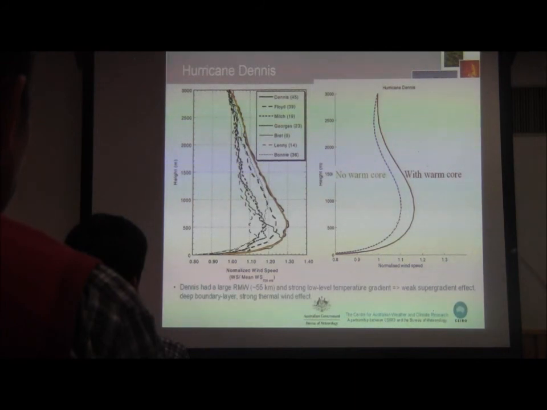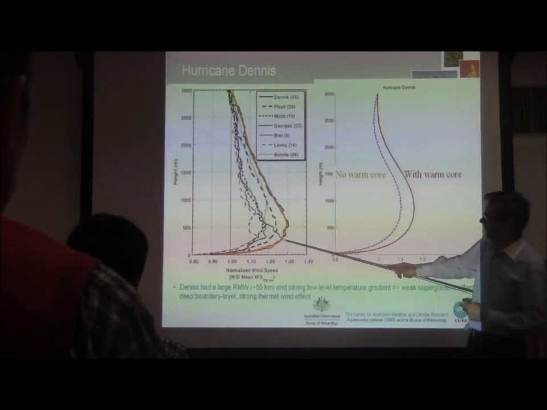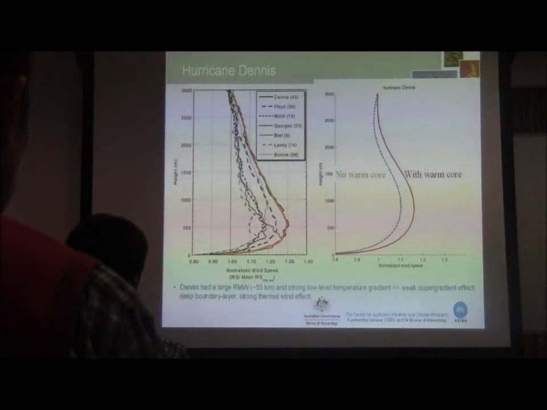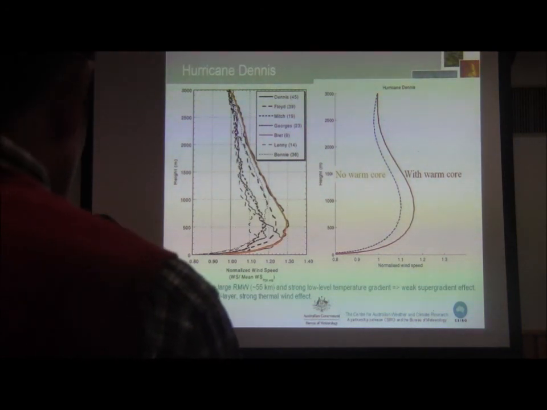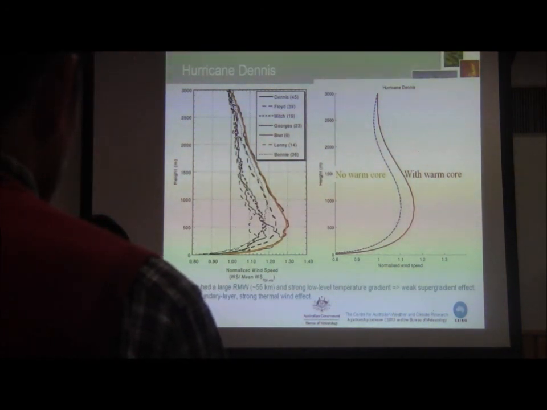Yeah, it's got very marked supergradient flow, which is suggesting that it's quite non-linear near the surface. So the near surface inflow is probably very strong, and it was a very small eye. So if you think of the continuity equation, you've got a u/r plus the du/dr term in there.